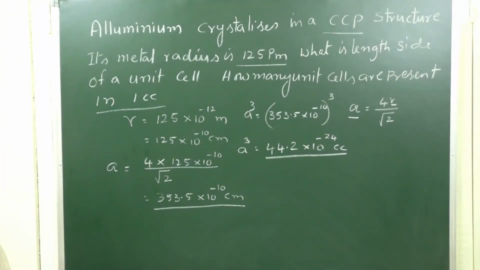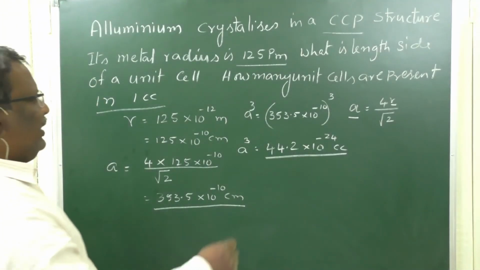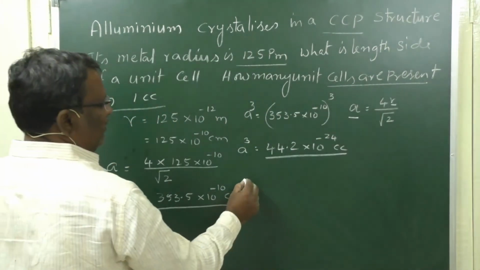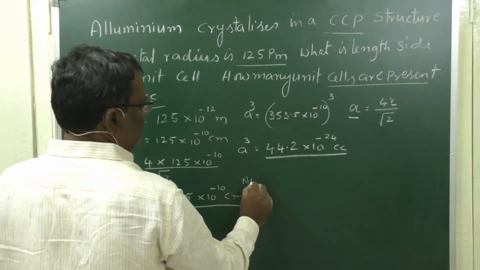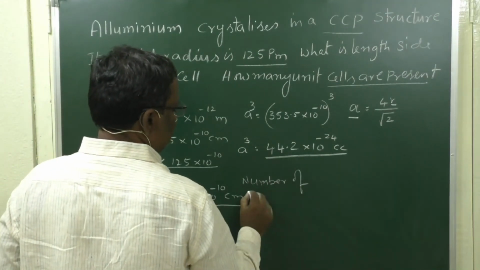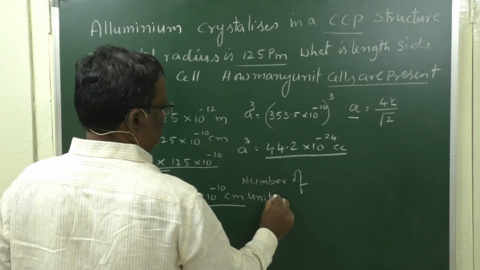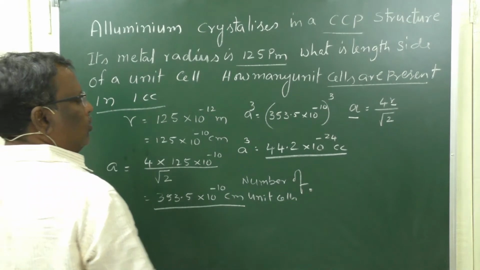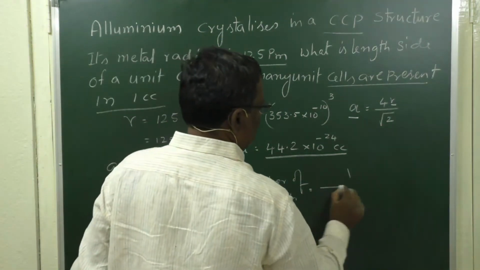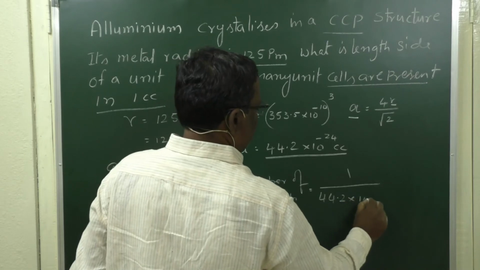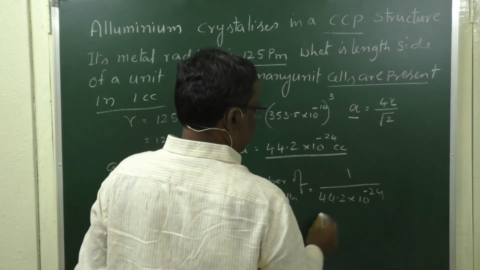Now, they are asking how many unit cells are present in 1 cc. So, the number of unit cells in 1 cc is equal to the required volume, 1, by the volume of each unit cell, 44.2 into 10 to the power minus 24.